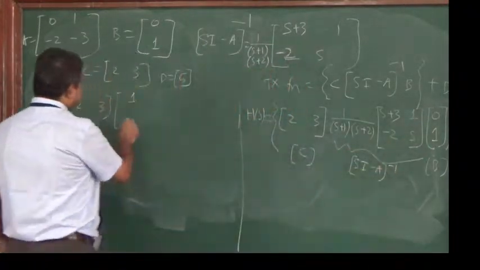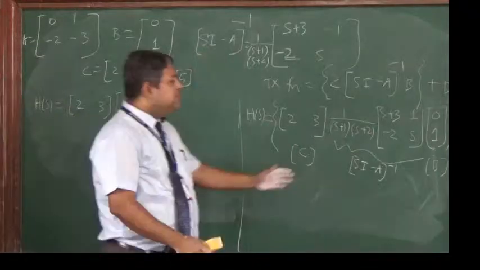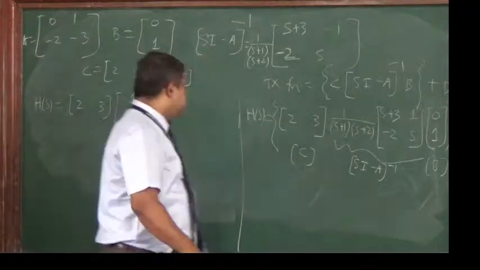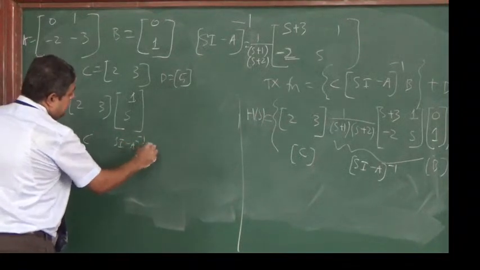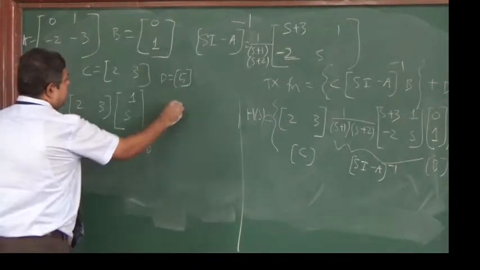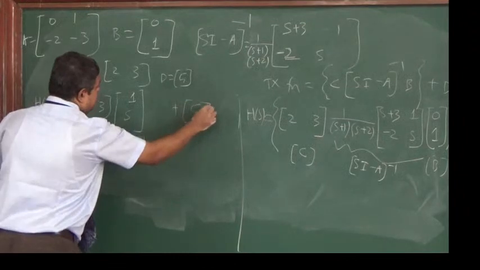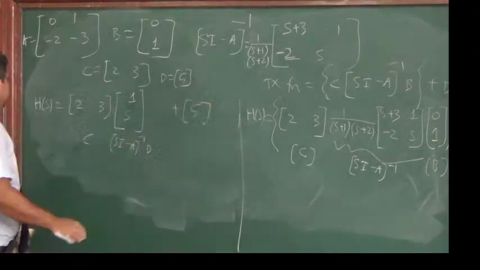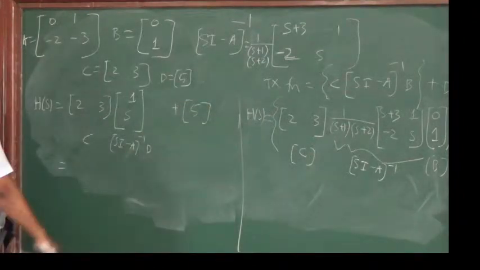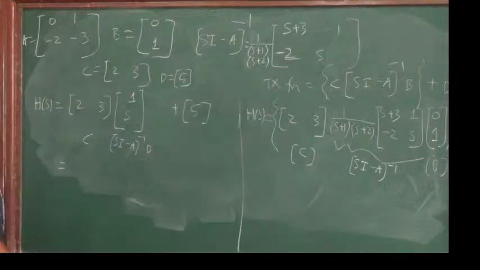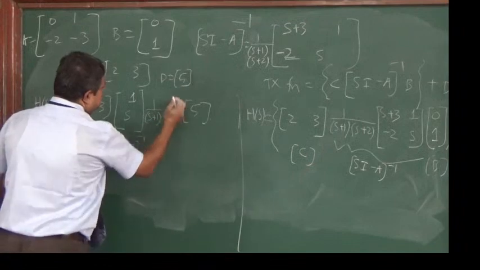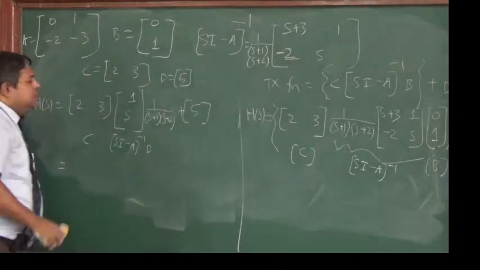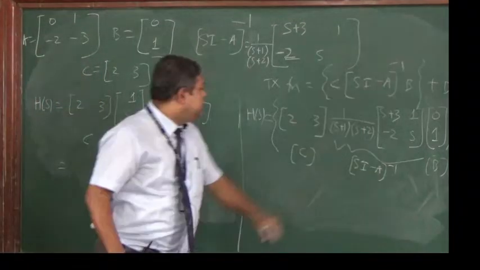So the sI minus A inverse into B part we do first, and C is there. Okay, plus D is 5. Then do this multiplication. So this is 1 by S plus 1, S plus 2, so this thing will be there. It won't go anywhere.